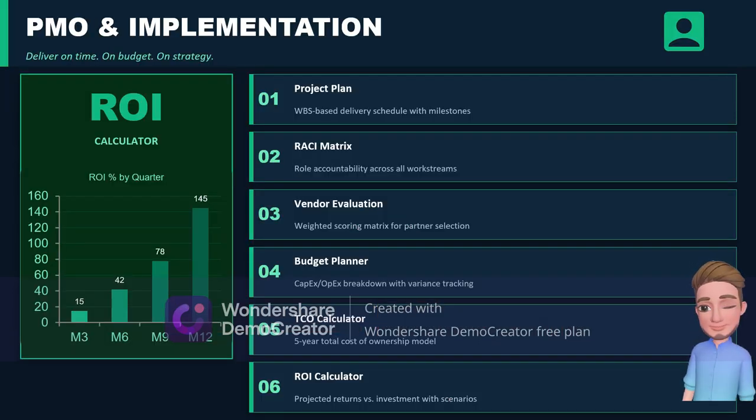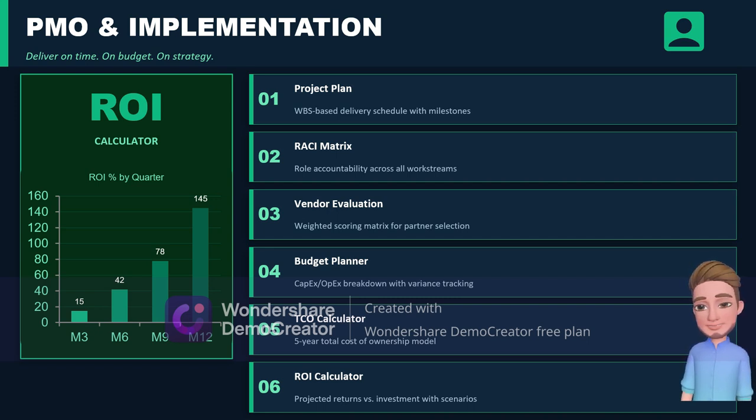Now let's talk about the PMO and implementation. The governance and the architecture mean nothing if you can't deliver. The Blockmaster OS includes a full PMO toolkit to take your blockchain program from approval to live with confidence. The project plan provides a structured WBS based delivery schedule. The RACI matrix eliminates accountability gaps.